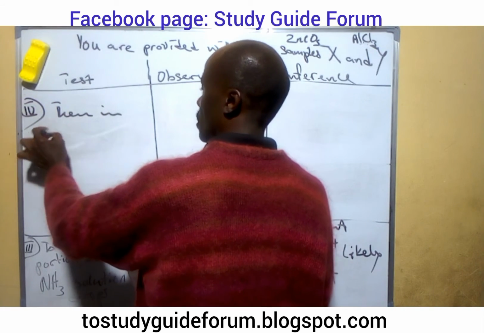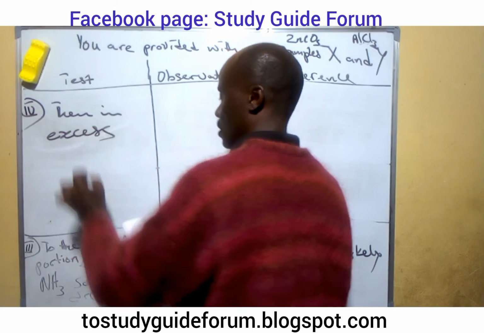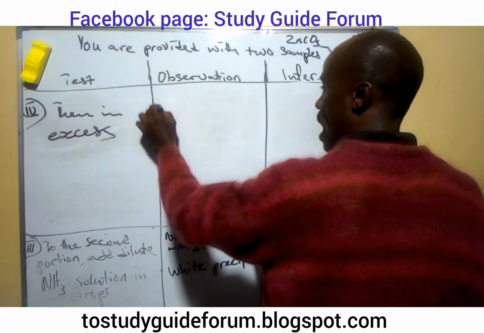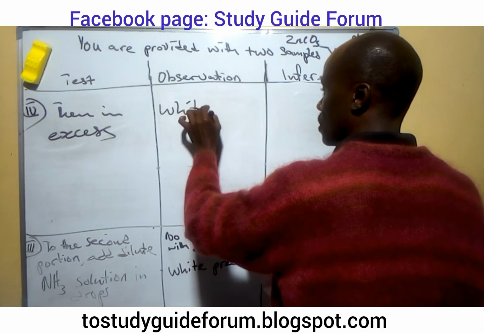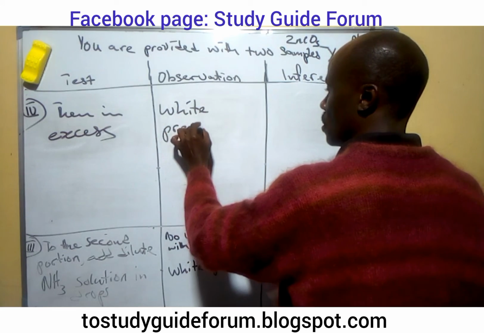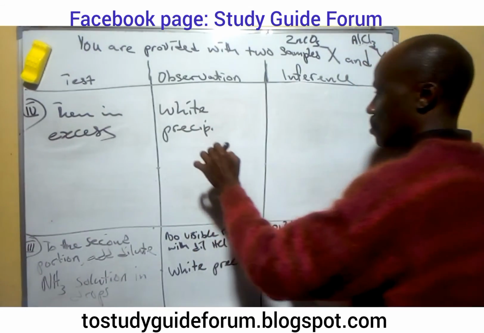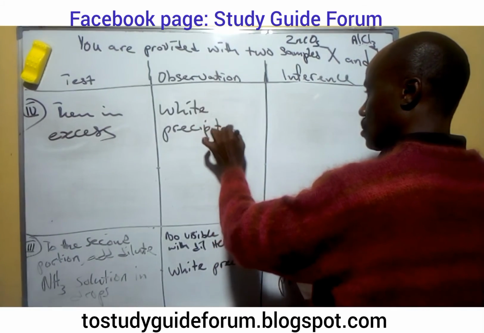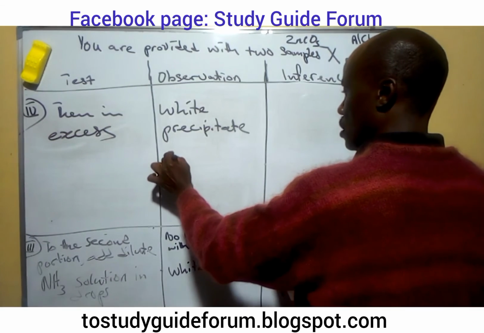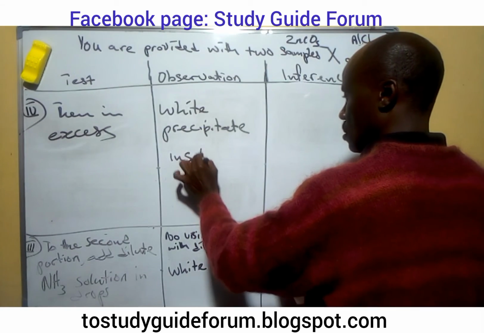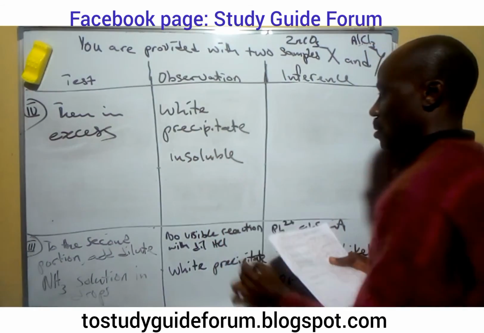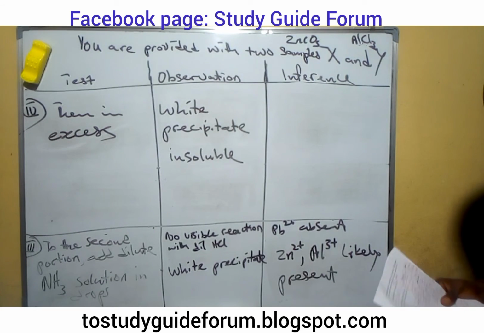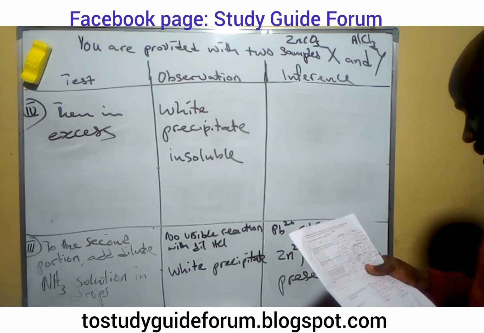Then in excess we have white precipitate insoluble. That means this white precipitate will remain in the solution, in the mixture.